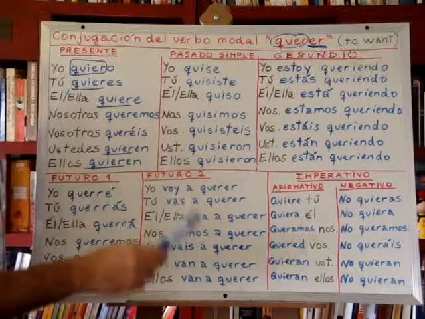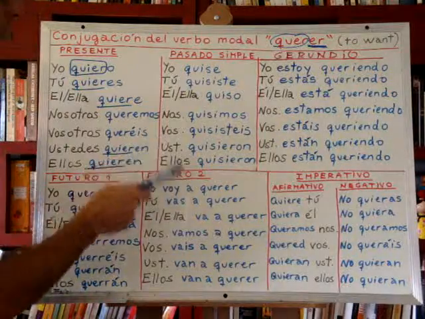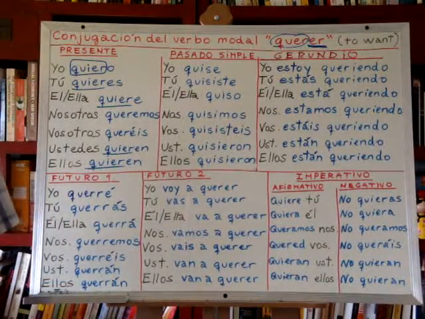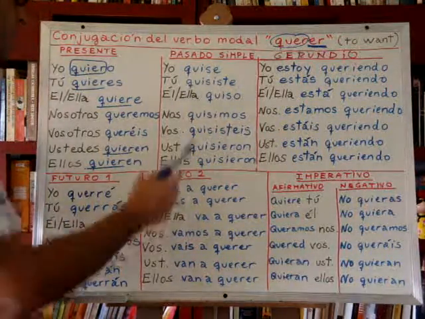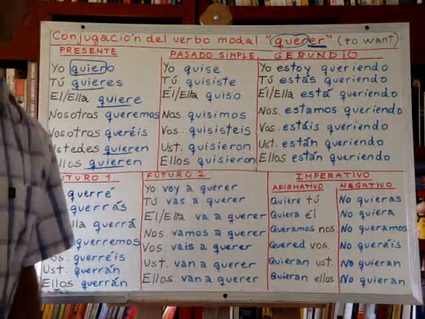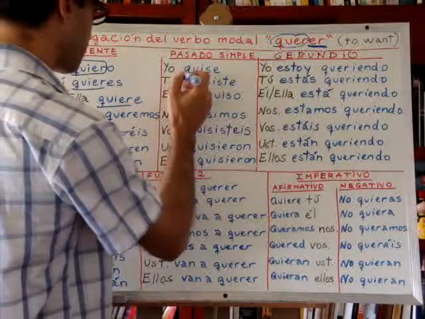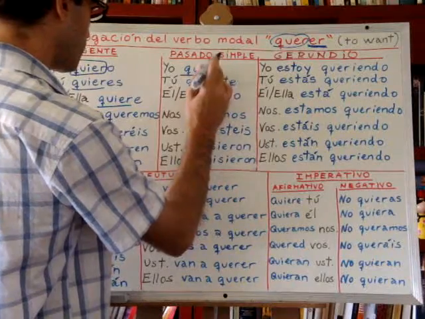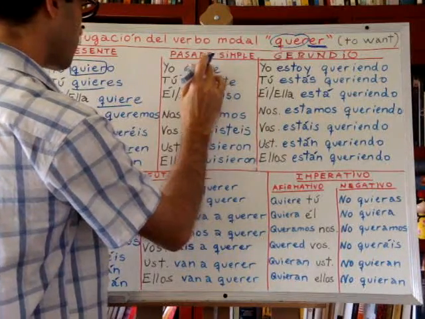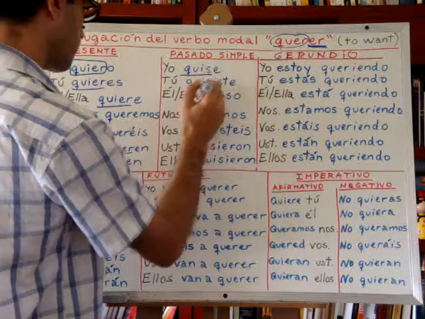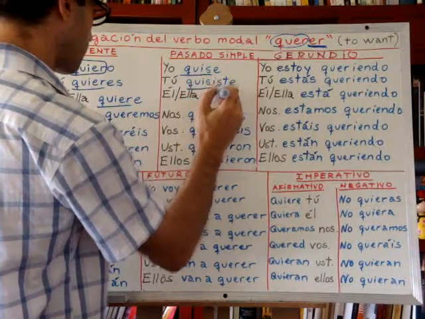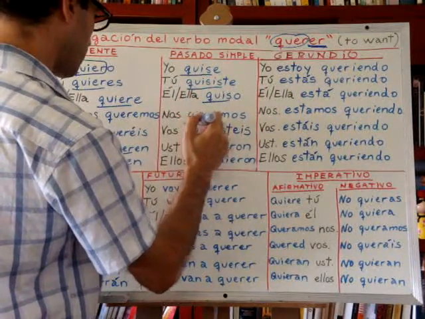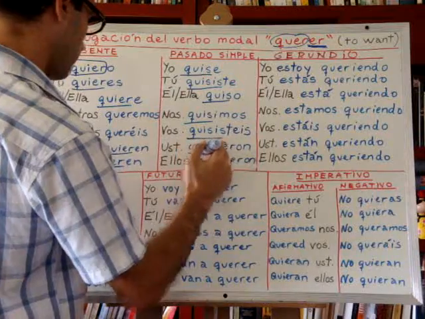Vosotros is the you plural used in Spain. Ustedes is the you plural used in Latin America, okay? So here we can see more irregularities in the simple past tense, okay?